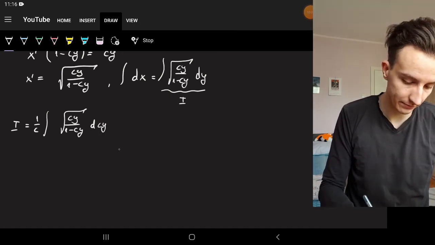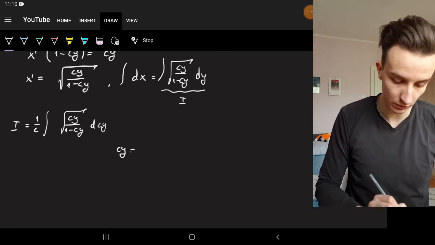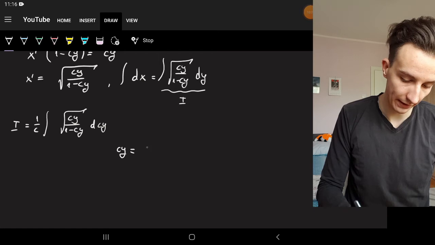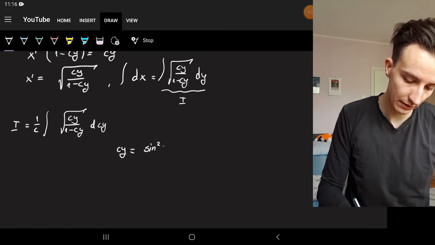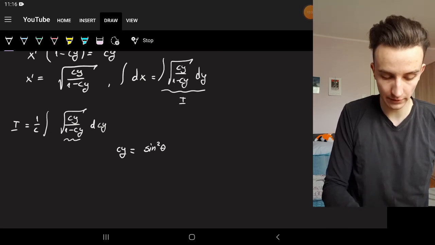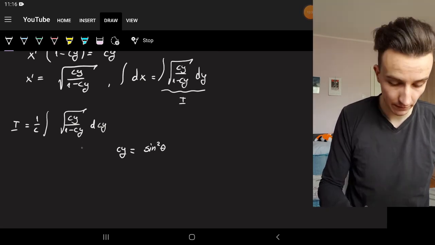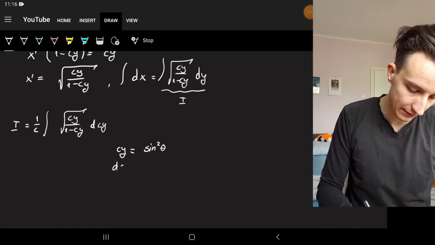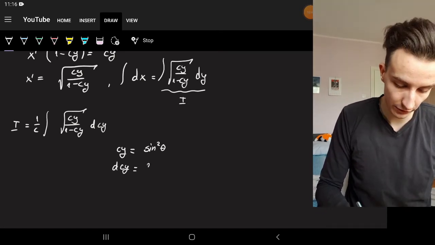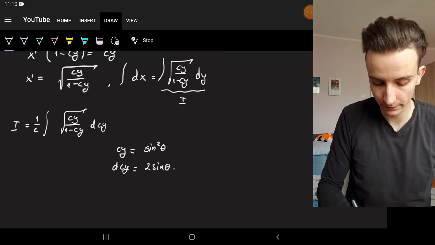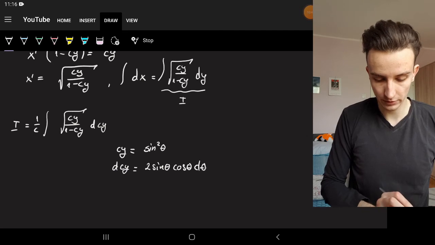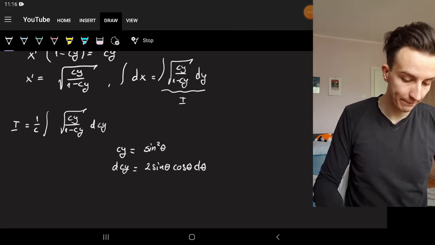So I could have cy equal to sine squared theta, let's say, so that this part becomes cosine, okay? So cy is sine squared theta. That means that dcy is 2 sine theta cosine theta d theta, which is sine 2 theta, by the way.